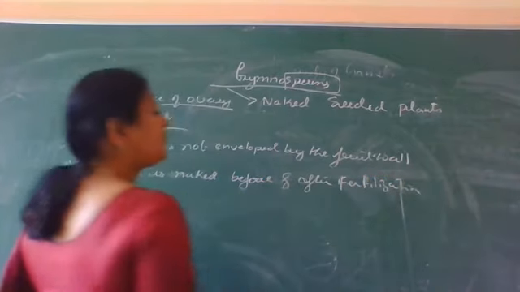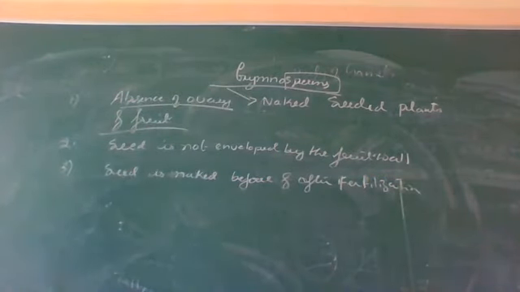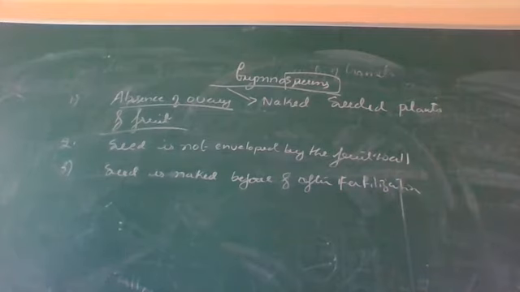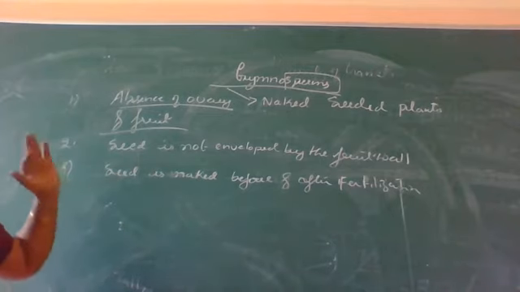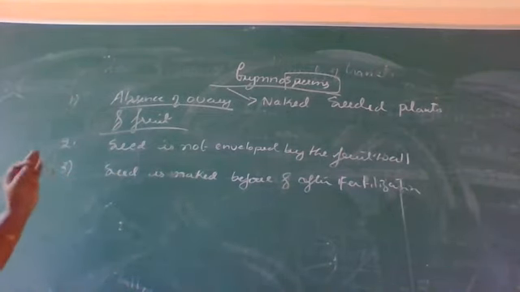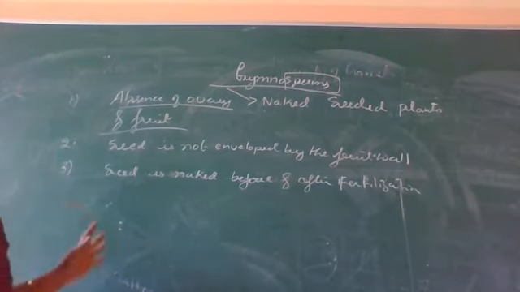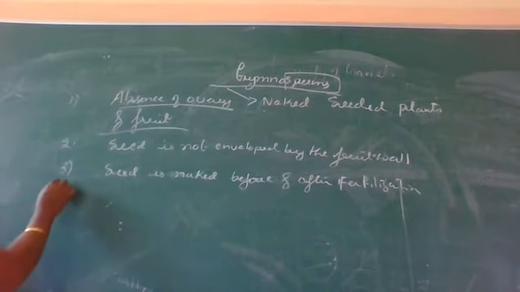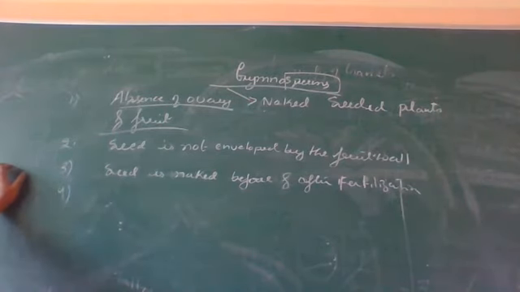That is during the pre-fertilization as well as post-fertilization condition also, the seed is not enveloped by any protective wall of its own. That is, no ovary wall or fruit wall, and therefore it becomes naked. The seed is naked even before as well as after fertilization. That is one of the important features of what? Gymnosperms.